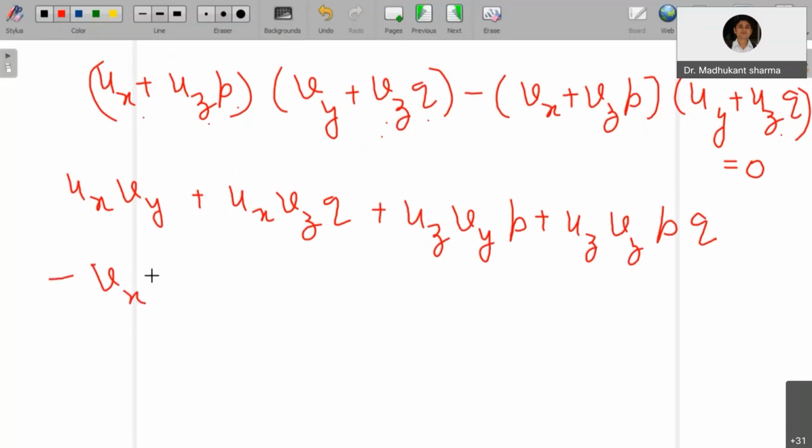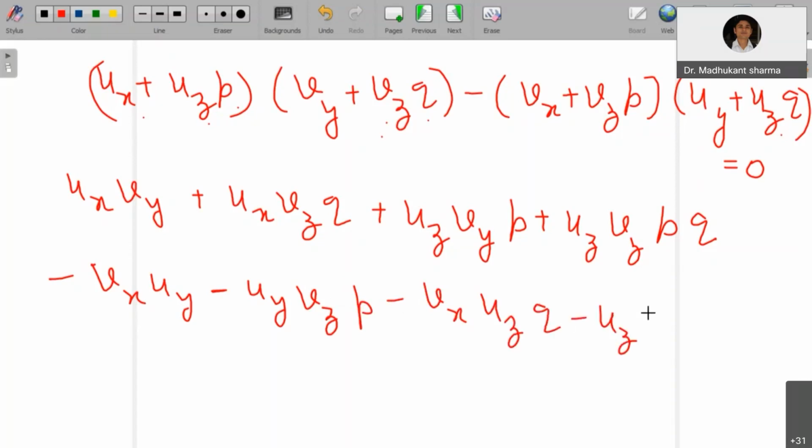Minus vx uy, minus uy vz p, minus vx uz q, minus uz vz p into q equals 0. So this term will get cancelled.